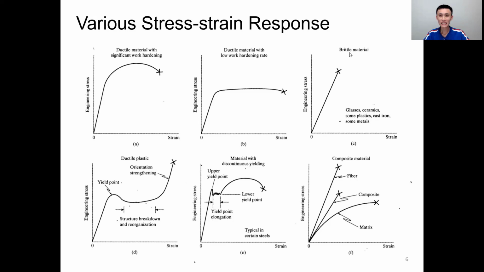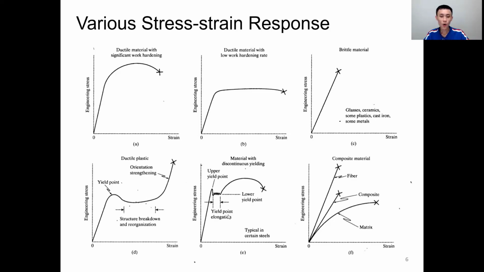And brittle material doesn't have a plastic area, only the elastic area. After the yield point, the part will break, such as glass, ceramics, and also some plastics and cast iron. And for plastics, especially ductile plastics, there is a structure breakdown and reorganization area after passing the yield strength point.